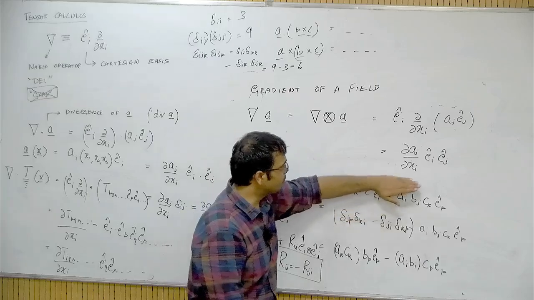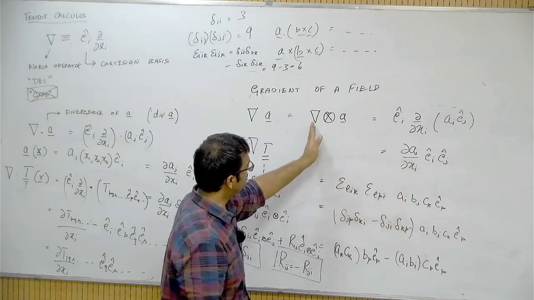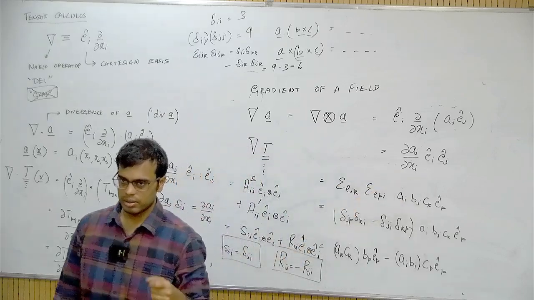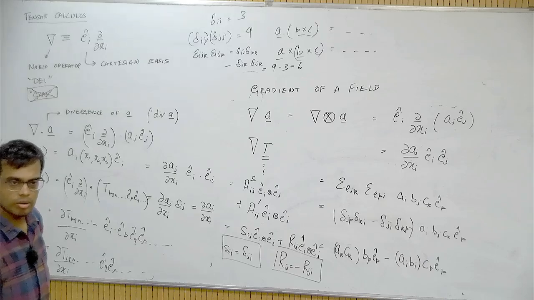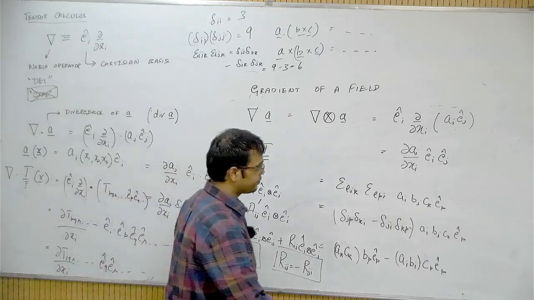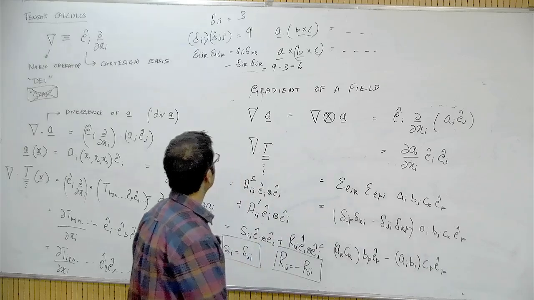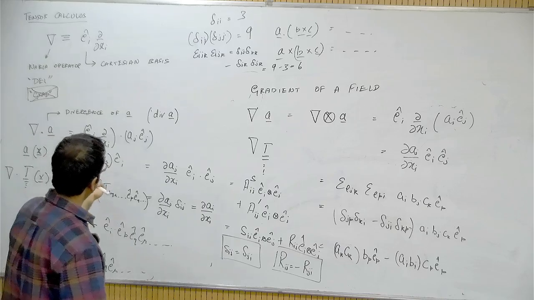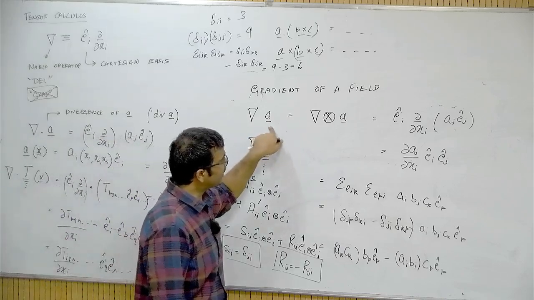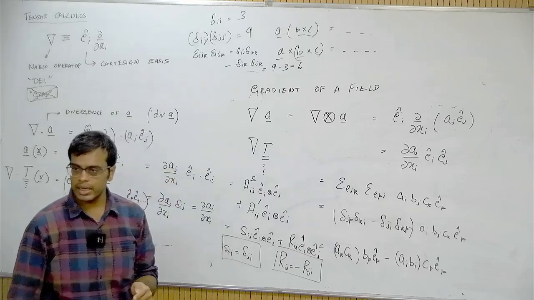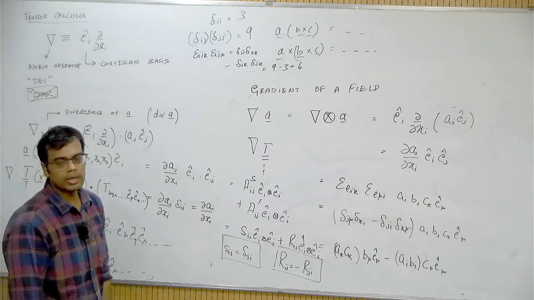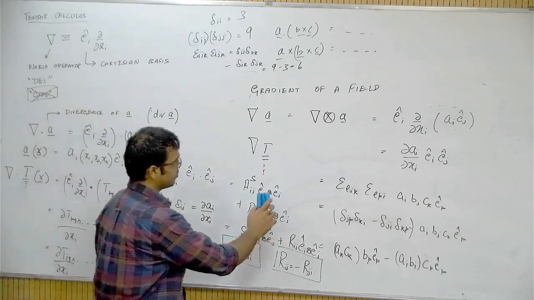So make sure that you understand from the definition of gradient which index comes first, the numerator one or the denominator one. And a similar remark here: for a vector field, the gradient is a second order tensor field. For an nth order tensor, the gradient is going to be an n plus 1th order tensor.